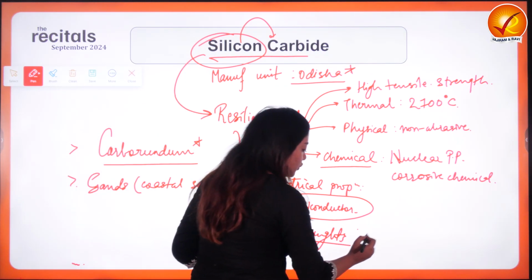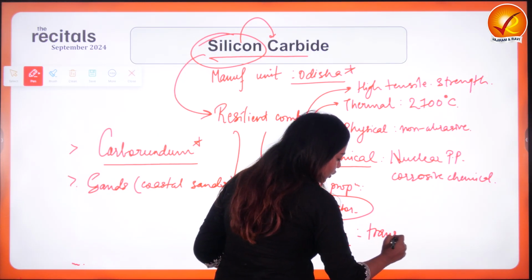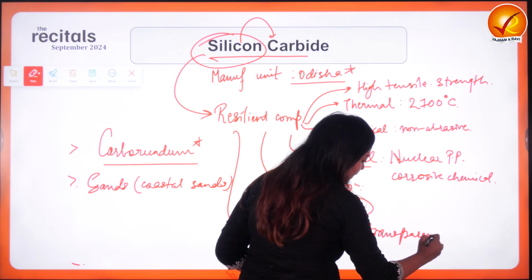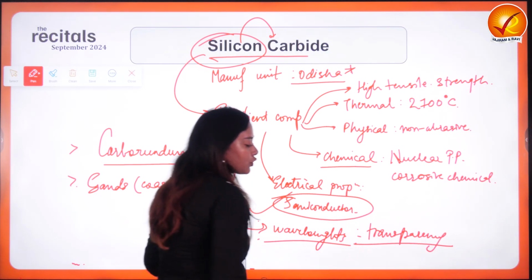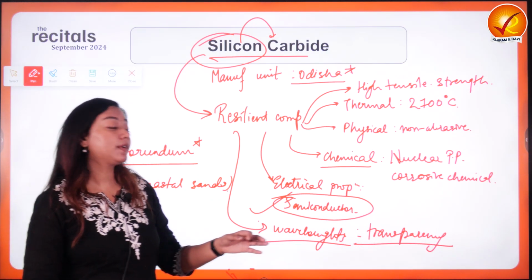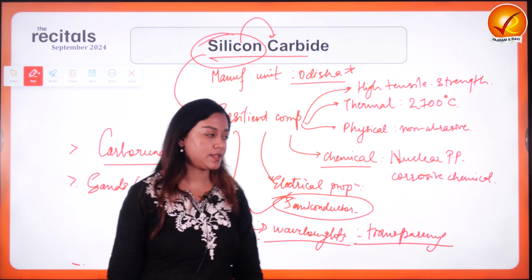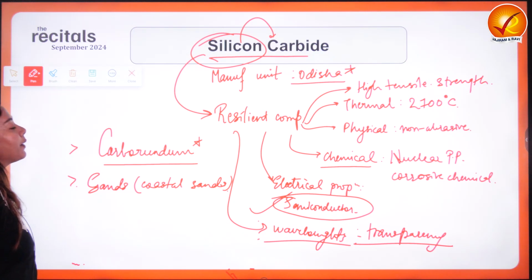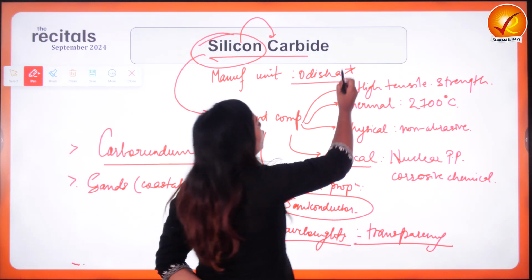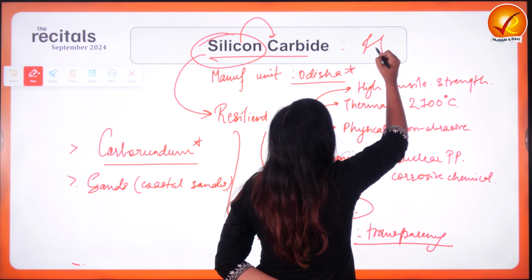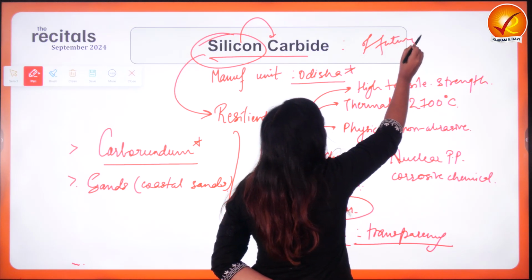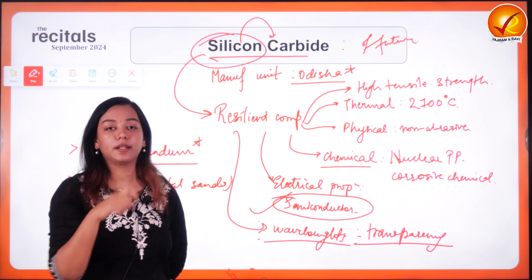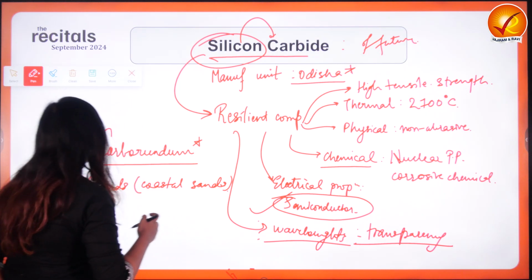So it is transparent unless and until it is doped with some other impurities. Okay, so this is about silicon carbide, the new material of the future, because of its many applications across different industries. Fine. Moving to the next topic.